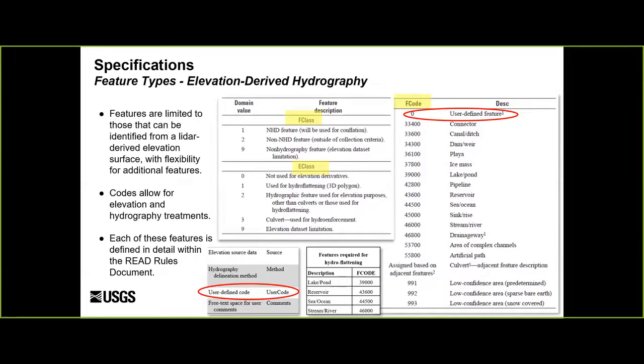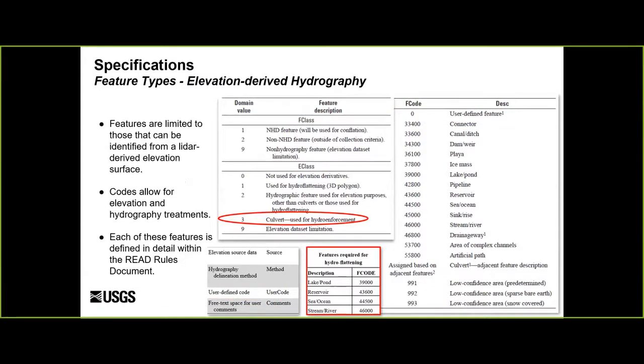The coding system allows for the collection of features outside of these specifications as well. Users can add their own codes that can be tracked outside of the NHD, or additional NHD codes that weren't included in the EDH specifications can also be included with that user-defined code.